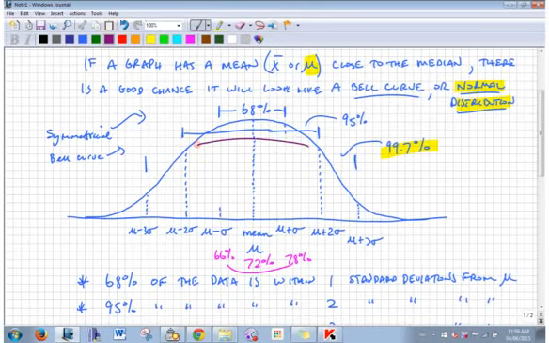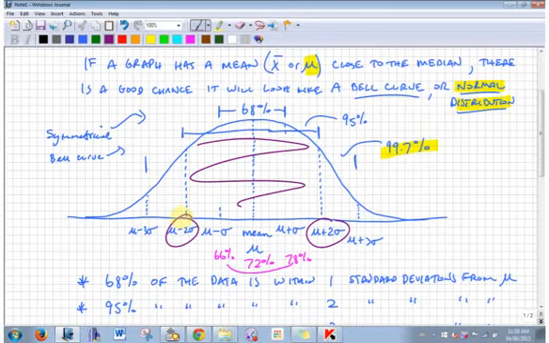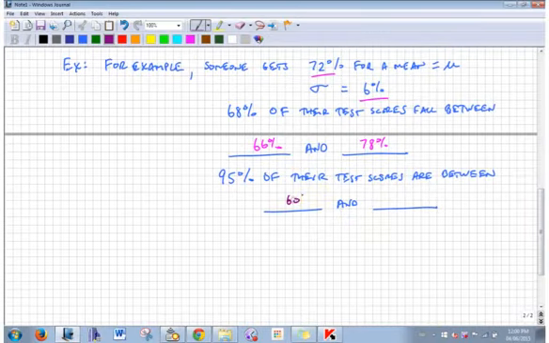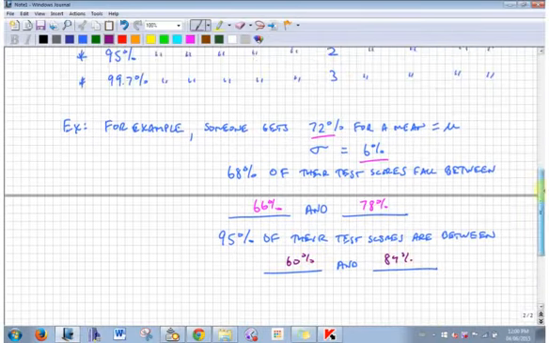They are within 2 standard deviations. So I'm just going to add another sigma. What's 78 plus 6? 84. What's 66 minus 6? 60% to 84% is 95% of all their test scores.